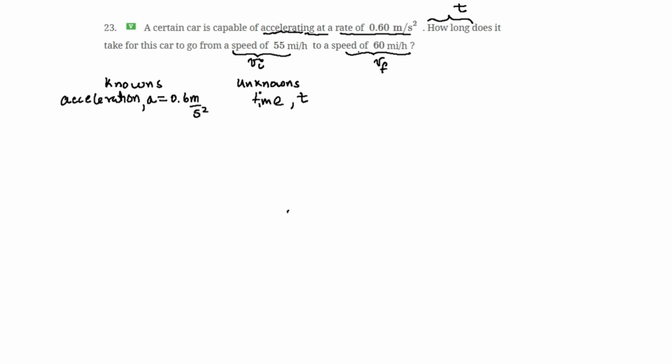Okay? So I know initial speed, v initial equal to 55 miles per hour.